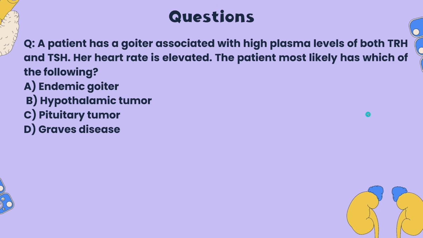I'm going to show the answer in 1, 2, 3. It is hypothalamic tumor. TSH here is kind of misleading. You only need to look at TRH since this is the major part of the downstream effect. TRH is secreted by the hypothalamus. It increases TSH, and then it increases TH.